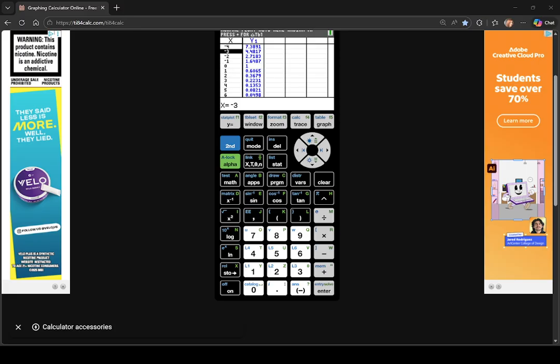And at 1, I have 0.6. At 2, I have 0.36, 0.37 if I round properly. And at 3, one more, 0.22. So we have all our different points.